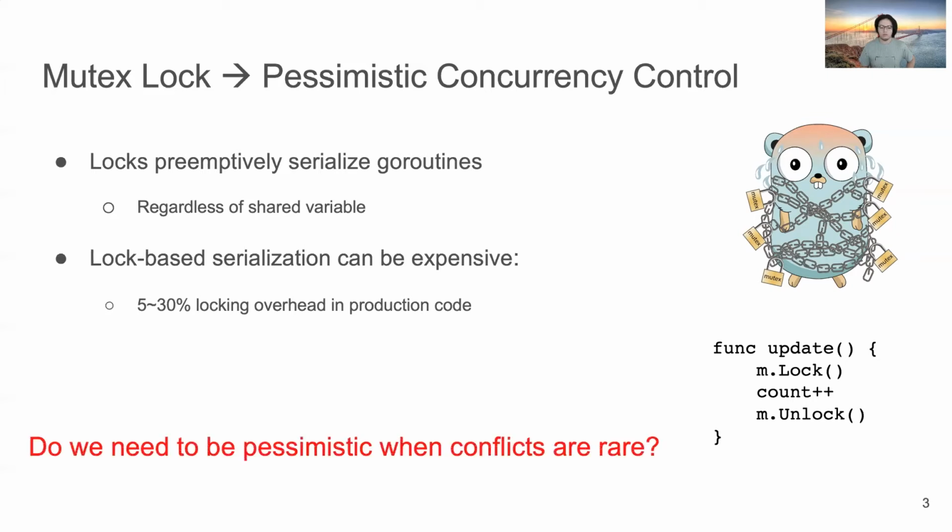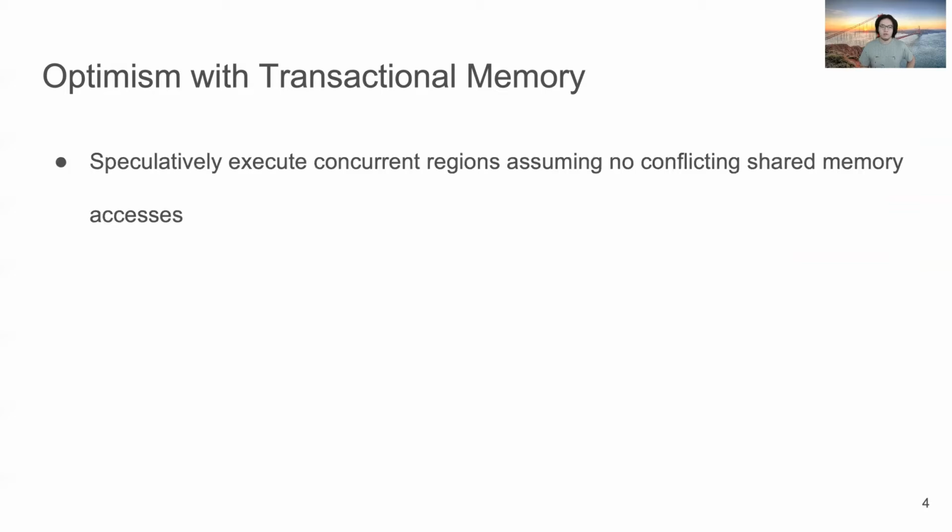Do we really need to be pessimistic if the conflicts are rare? The answer is probably not. We have an optimistic concurrency control, transactional memory. The TM speculatively executes concurrent regions, assuming no conflicting shared memory access will happen.